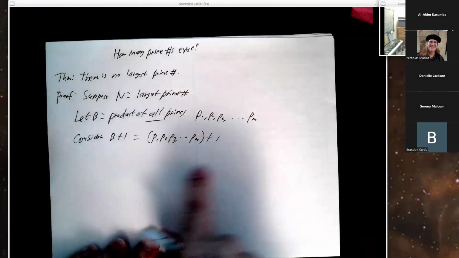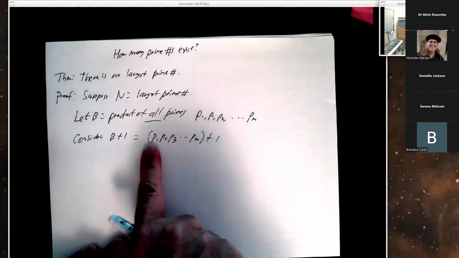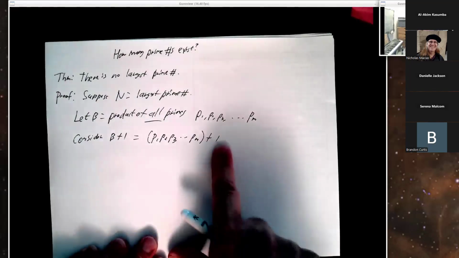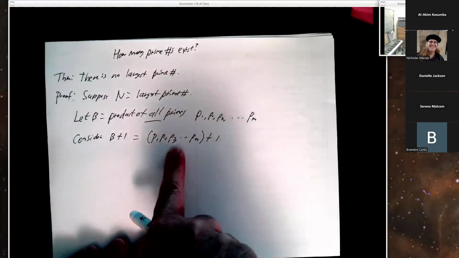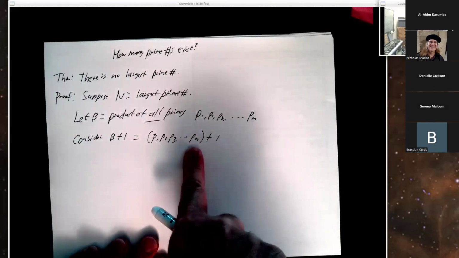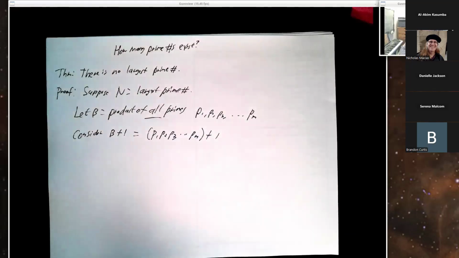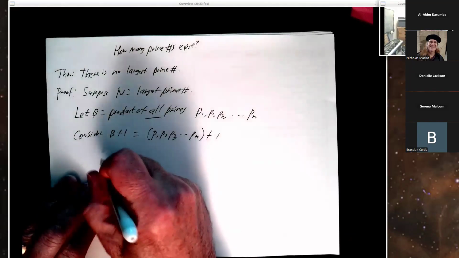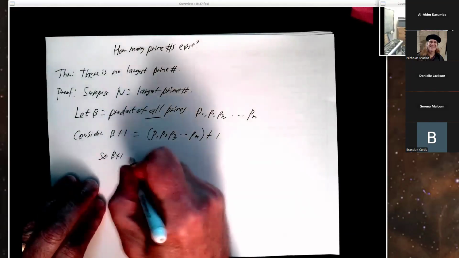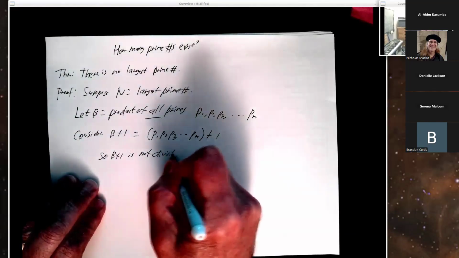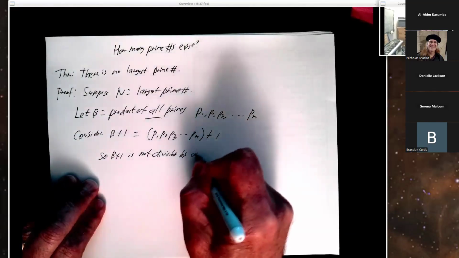So b plus 1 is one more than a multiple of p1. It's one more than a multiple of p2. It's one more than a multiple of p3. It's one more than a multiple of every prime. So b plus 1 is not divisible by any prime.